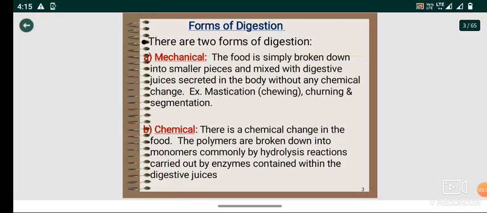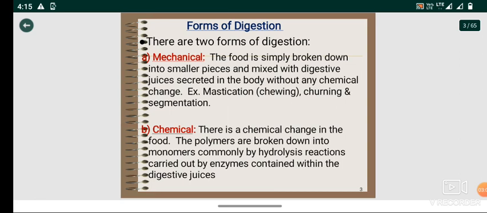There are two forms of digestion, mechanical and chemical. When these complex substances are broken down only physically into smaller pieces, the process is known as mechanical digestion, which is done by our teeth and saliva. With the help of our teeth we masticate and chew the food into simpler physical forms only.